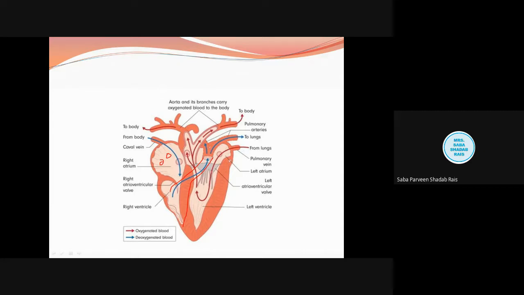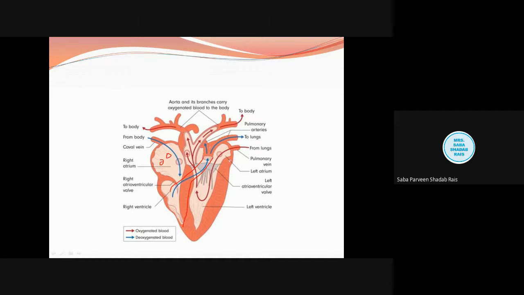When we talk about the wall of the ventricle, there is a need of a special type of muscles, or you can say tendons, which can hold the wall in position. Otherwise, this wall should have proper guarding so that proper tight closing is there, so there is avoidance of backflow of the blood.